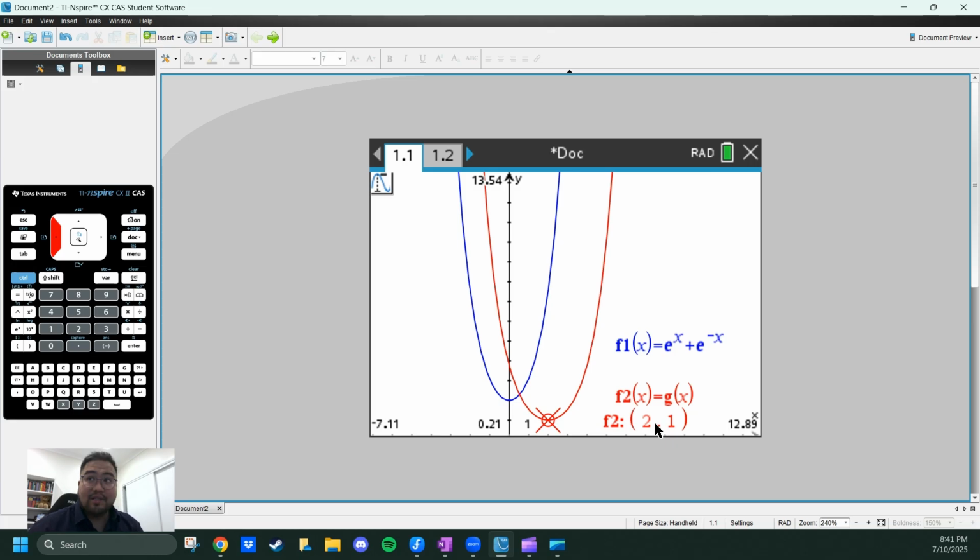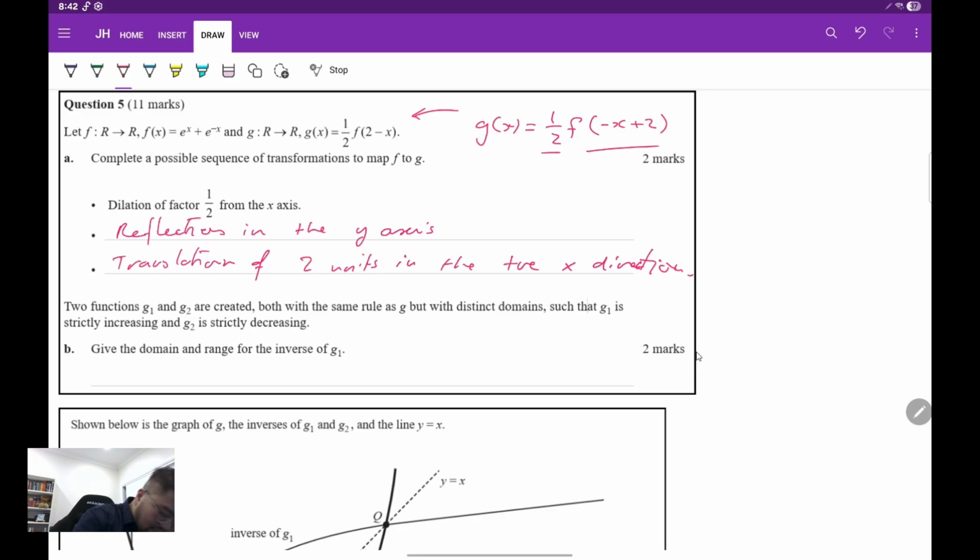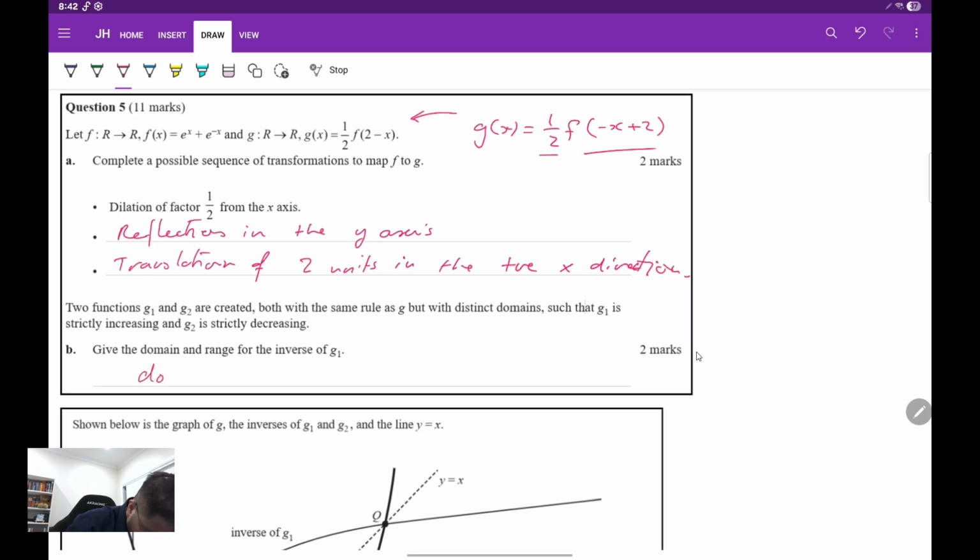So the domain for this graph will be from 2 to infinity. Let's write this down. Domain is from 2 to infinity, and this is g1, and the range of g1 is from, what did we calculate?